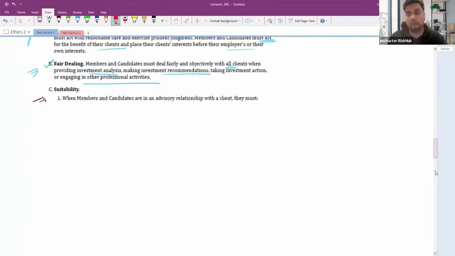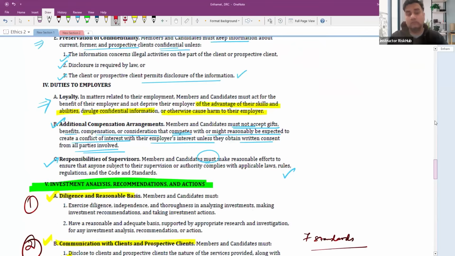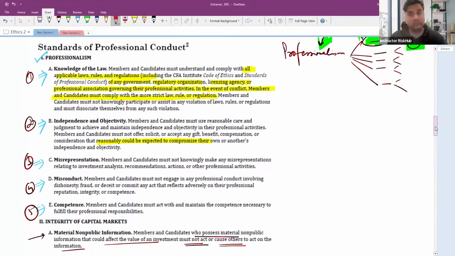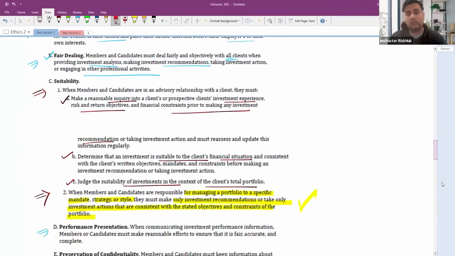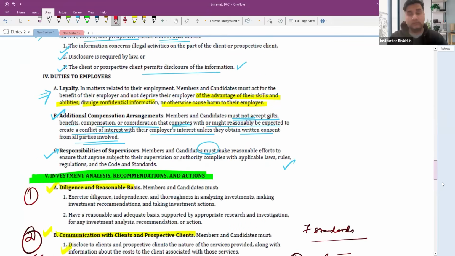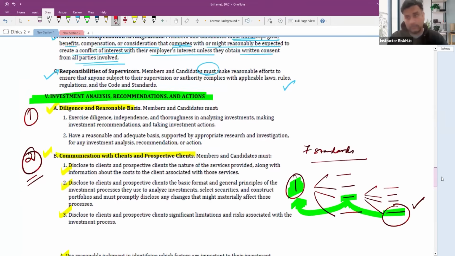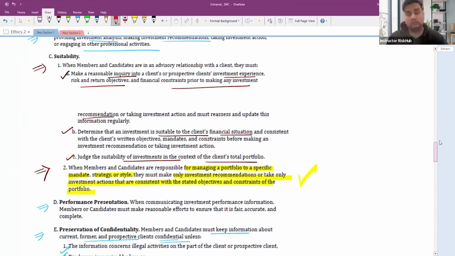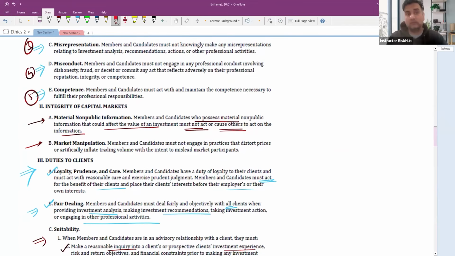Fine. So remember that, and then how tricky it becomes, because you have 7 standards, which I wrote here. Each of the 7 standards will have another 3-4 categories, and those categories will have another 3-4 parts, right? So it becomes a mesh.